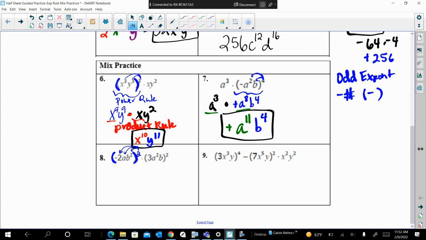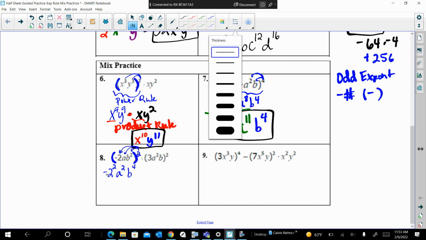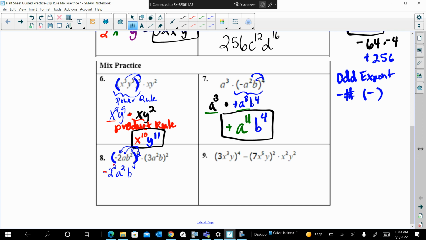So even if I wrote -2 squared and a squared, and now b is not squared anymore because what do I do to the exponents? You multiply, so that's b to the 4th. And then I see that this -2 right here has an exponent of 2, right?